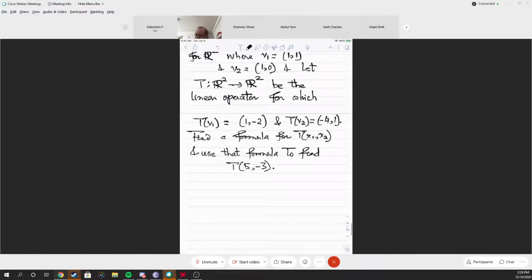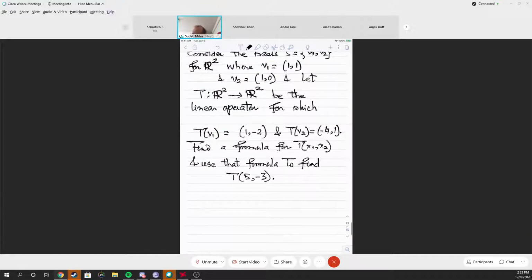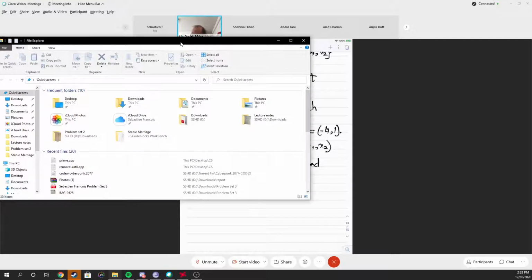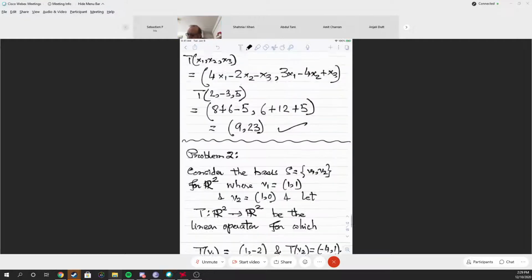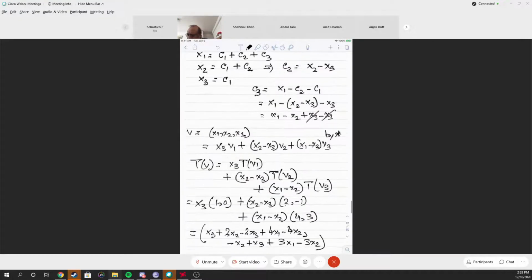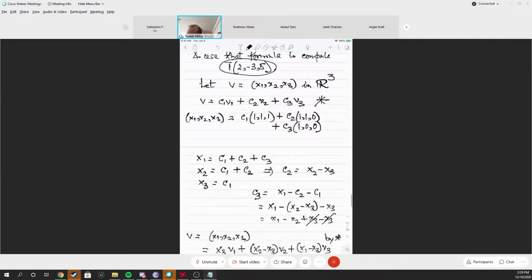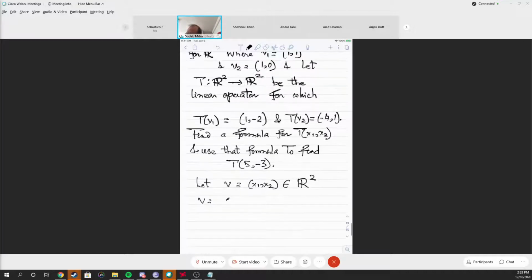Okay. So let V be x1, x2 in R2. V1 and V2 are the two bases.